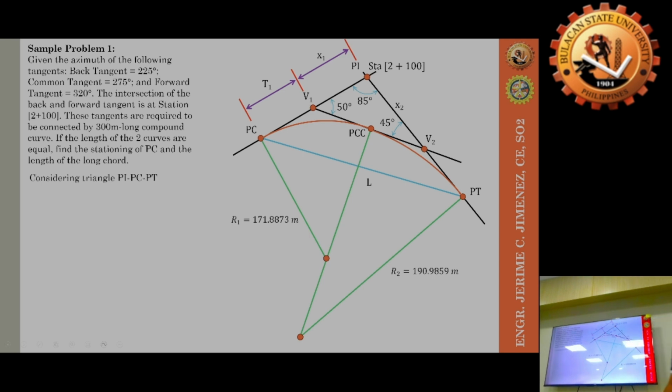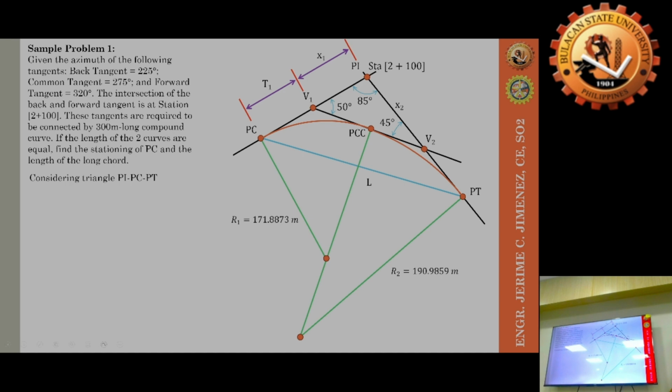So, we can consider triangle PI, PC, and PT. Okay? May question sa akin na nakaraan. Sir, yung common tangent po ba is always parallel sa length of the long chord? The answer is no. Okay?